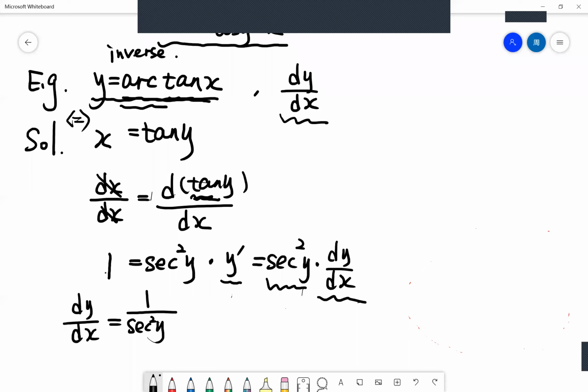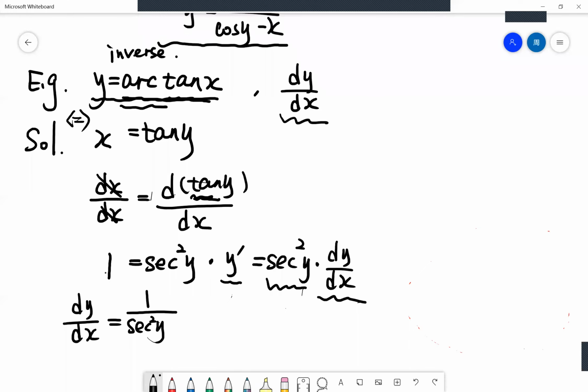For the secant function and tangent function, there is an equation: secant t squared equals 1 plus tangent t squared.